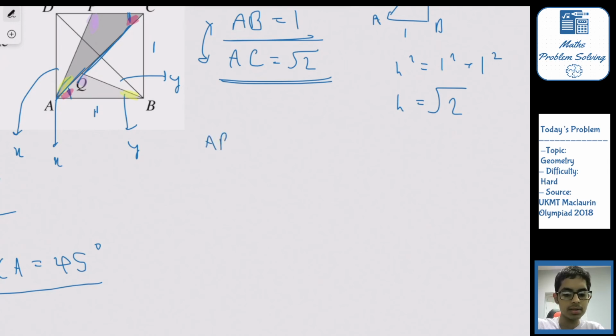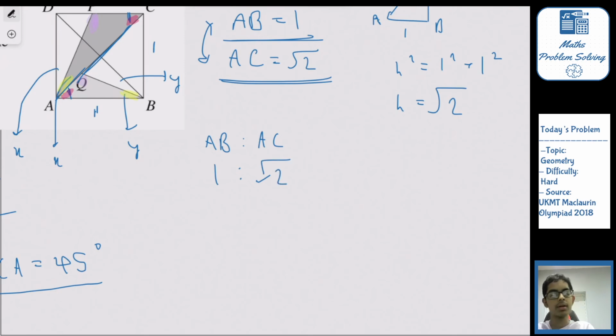Because AB to AC, the ratio of the side lengths, is 1 to root 2, the scale factor of these two is in the ratio of 1 to root 2.